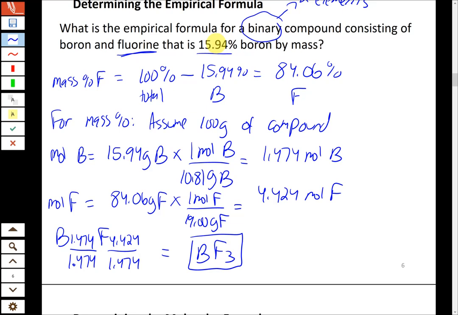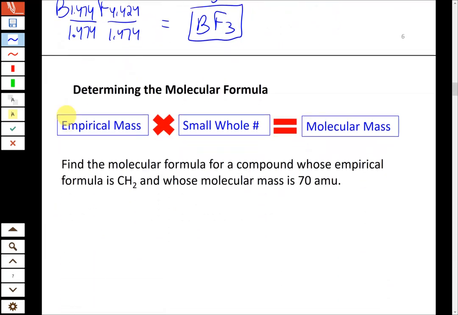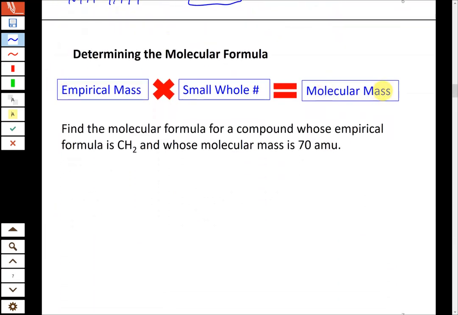If we want to get the actual molecular formula of the compound, there's one key piece of missing information that we need, which is the molecular mass of the compound. The mass percentages or the mass composition, however it's given to you, can only get you to the empirical formula. But if you want the molecular formula, you need the molecular mass.